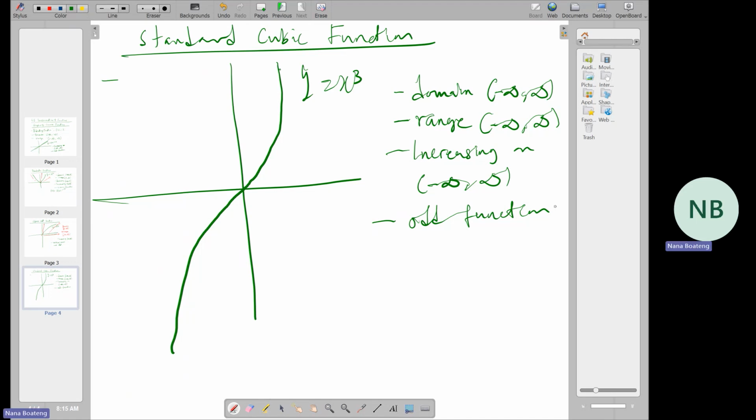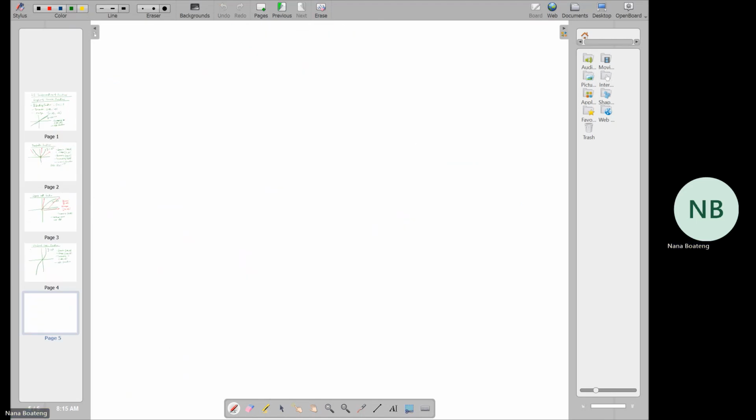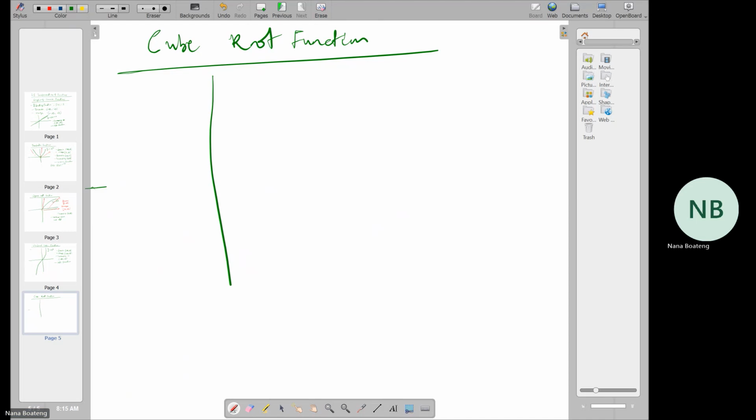Let's look at the cube root function also. Let's try to graph it. It looks something like this: y is equal to the cube root of x.